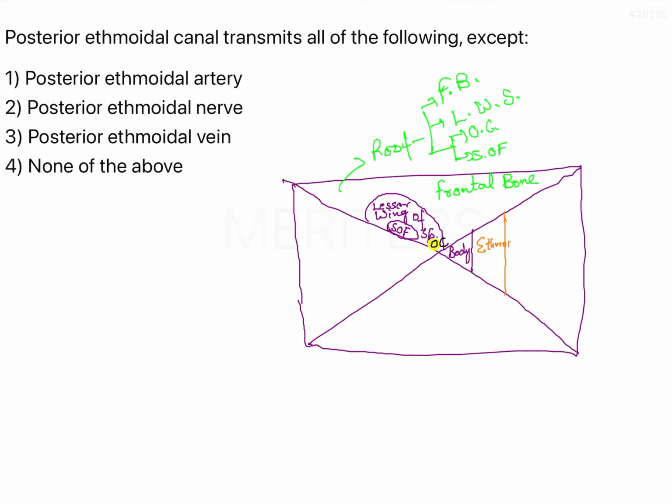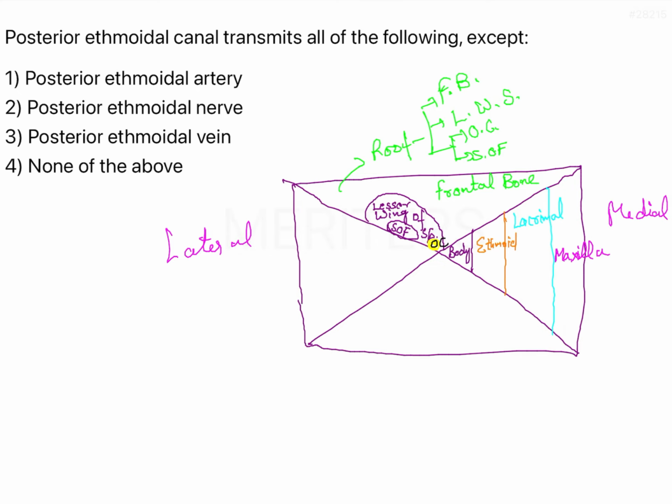After ethmoid, there will be lacrimal bone, and after that, there will be maxilla. After the lacrimal bone, the outer side is made up of maxilla. Now this is the medial portion, because this is on the medial side. This is the lateral portion.